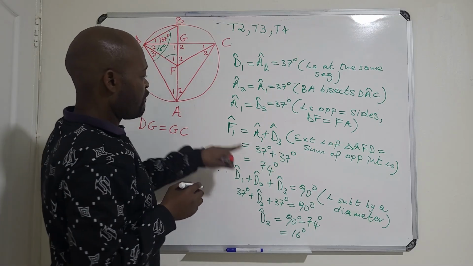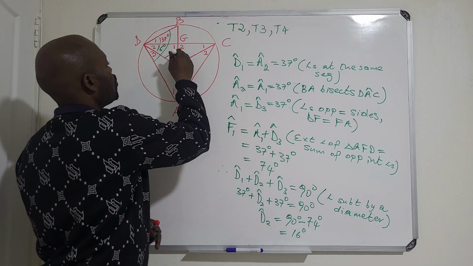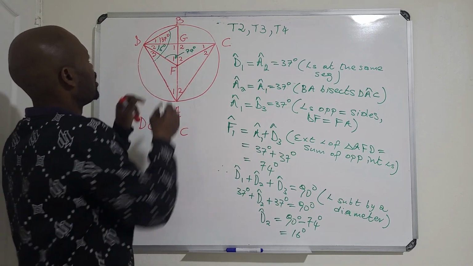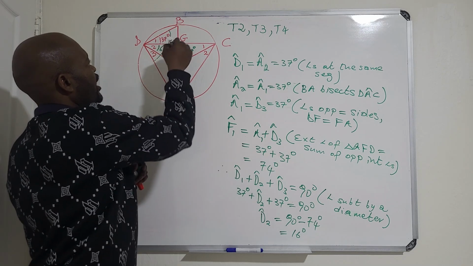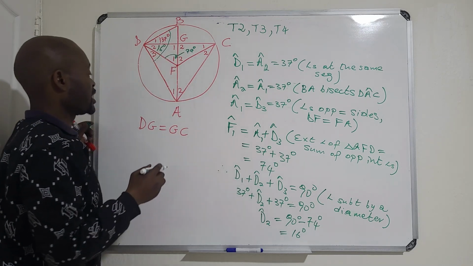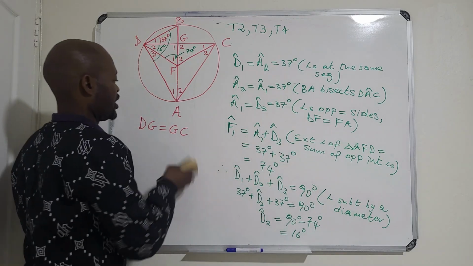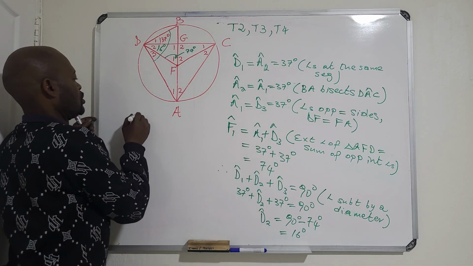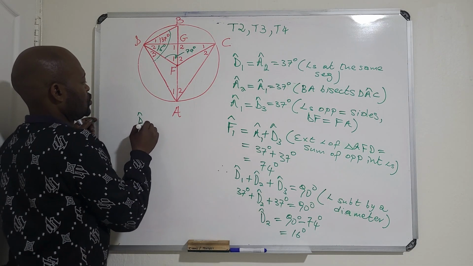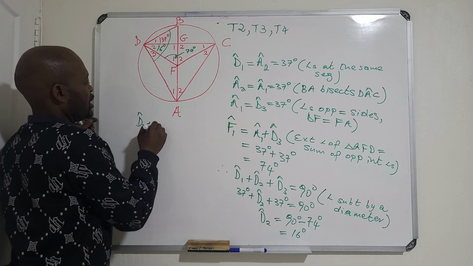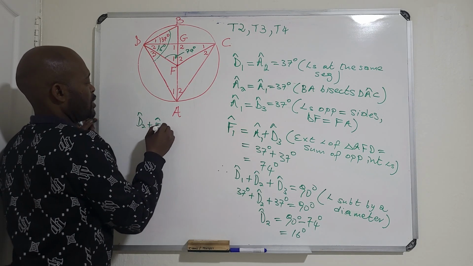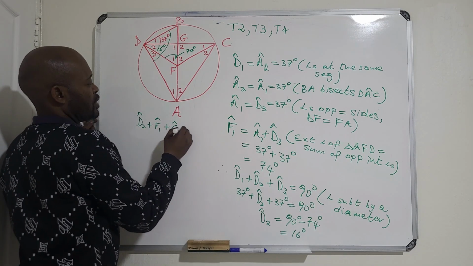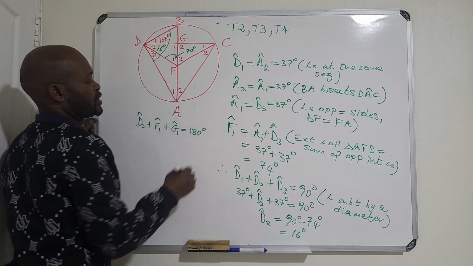We do know that angle F1 is 74. We do know that this is 74 degrees, this angle there. We can find this angle there. And how do we find that angle there? I'm just going to erase here. We say angle D2 plus angle F1 plus angle G1 equals to 180 degrees.